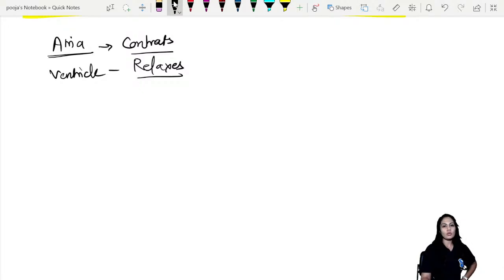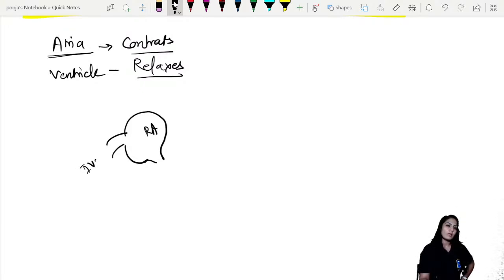Now we are going to talk in terms of atria and ventricle, not the semilunar valves. What happens over here is that the corresponding vein, so if we are talking about the right atrium, the inferior and superior vena cava are going to drain into this right atrium, right?